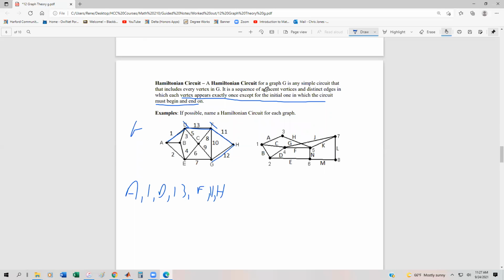So F, 11, H, 12, G, and then 9 to C. So we killed that, we killed C. From 4 to E, and we got rid of E. Actually that was 6.